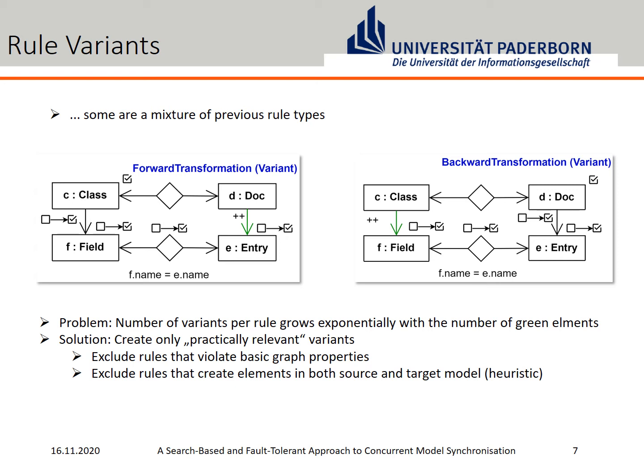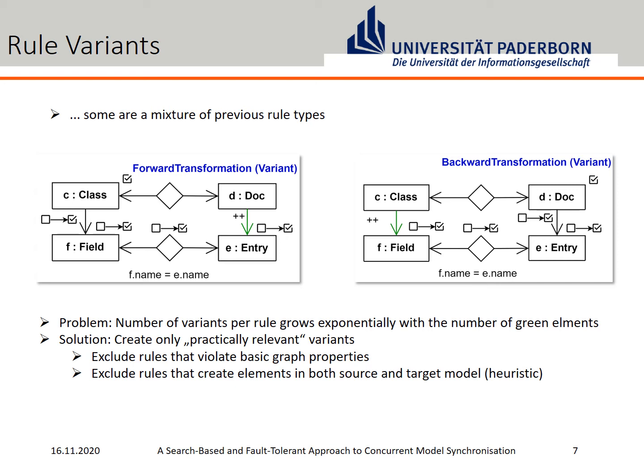Therefore, we introduced further rule variants that can be seen on the slide. With these variants, we were able to create only a new link between a document and an entry, or a class and a field, which makes it unnecessary to create the entry and field anew, while still being able to perform backward or forward transformation. Basically, each combination of creating and marking an element is possible here.